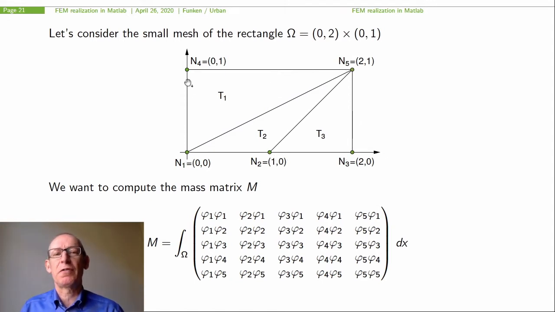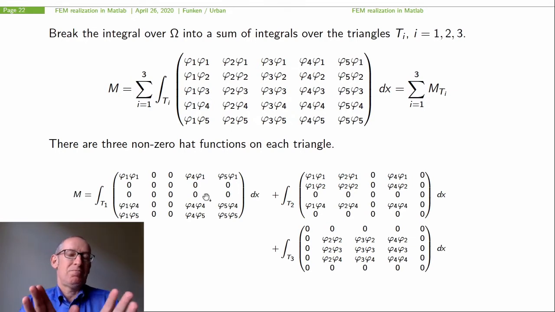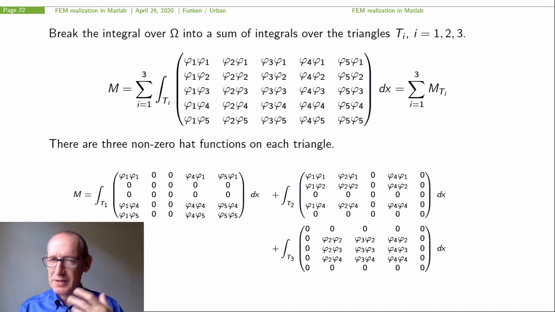For the first and for the fifth node, we expect 0 rows and columns, which is given here. All the time when we're doing these calculations, these matrices are 0 up to at most 9 entries. Okay, and this idea we will use for computing the mass matrix and the stiffness matrix.